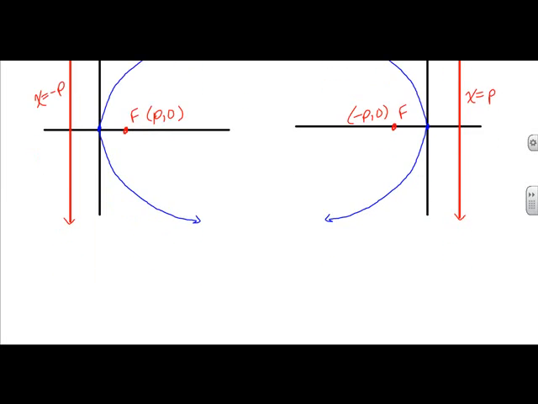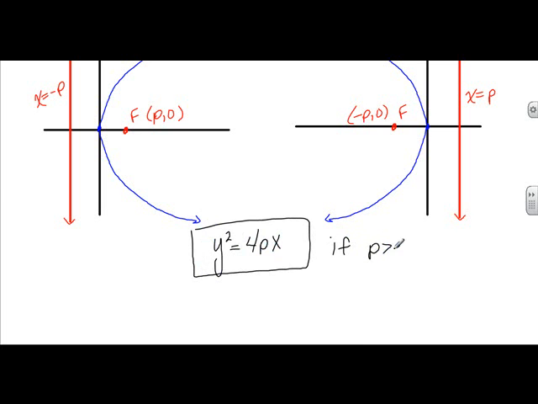So in both of these cases, the equation would be y squared equals 4p times x. And again, if p is greater than 0, you would have a parabola that opens to the right. If p is less than 0, your parabola opens to the left.